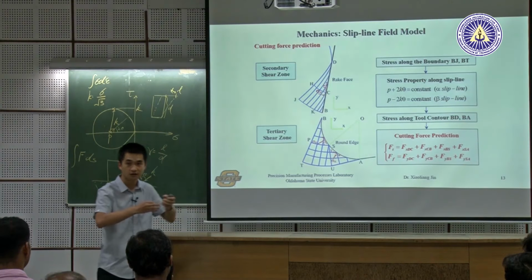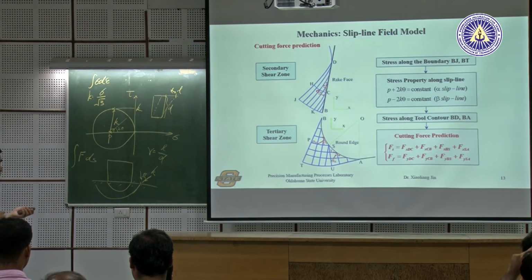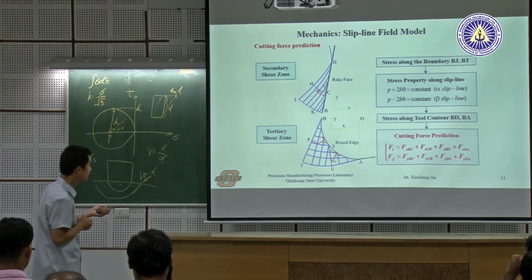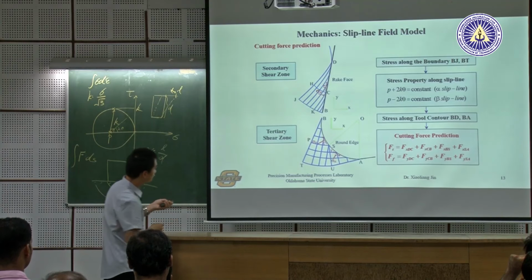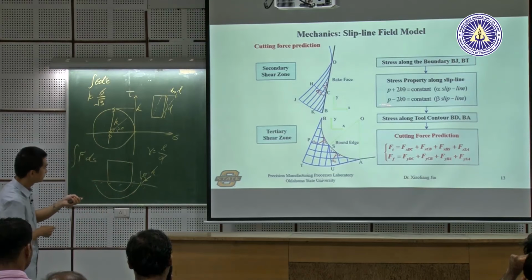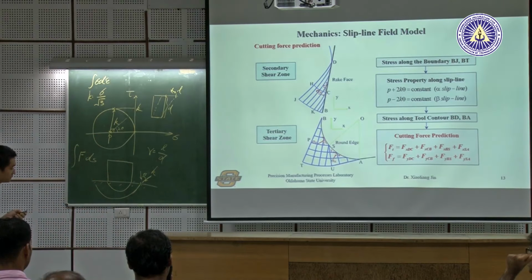So that's basically the general idea of this prediction of cutting force. But again, this doesn't consider any dynamics part, right? For micro purposes, we're trying to use the material constitutive property and borrow this slip line field model to obtain the cutting force.